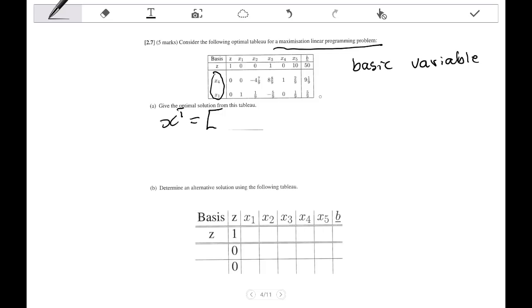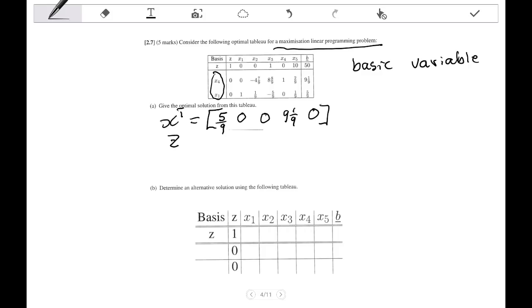That means x2 doesn't have a solution. x3 is not there, so it doesn't have a solution. x5 is not there, so it doesn't have a solution. So x1, reading from there, is 5 over 9. And then x2 is 0 since it's not there. And then x3 is 0 since it's not here. And then our x4 is there. It's 1 over 9. And then our x5 is 0 since it's not there. This is the solution for x.